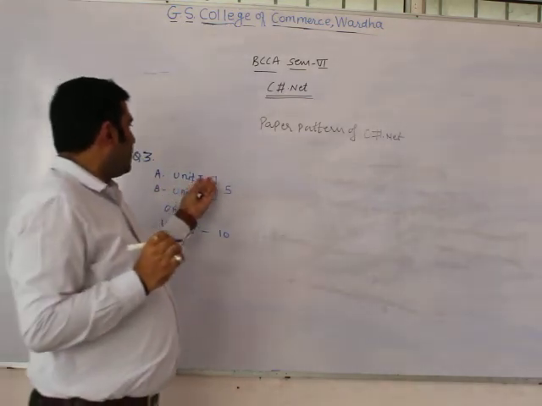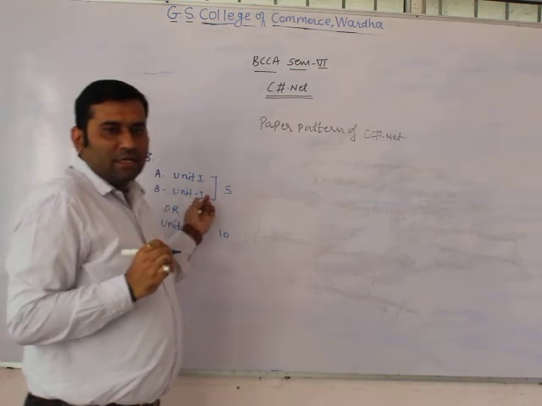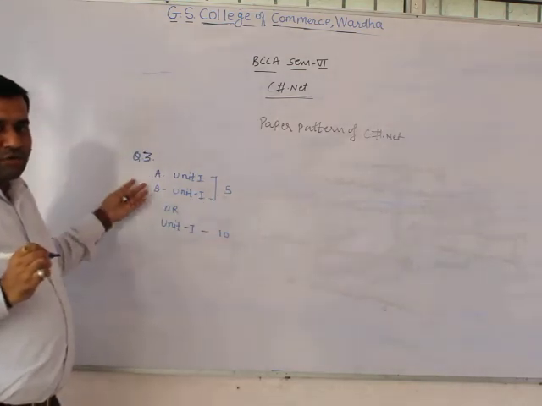Either you attend both questions A and B of unit 1, or you attend the C part of question 3, which is a 10-mark question.